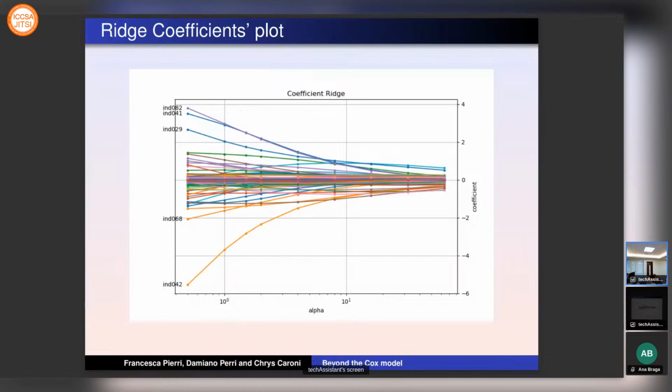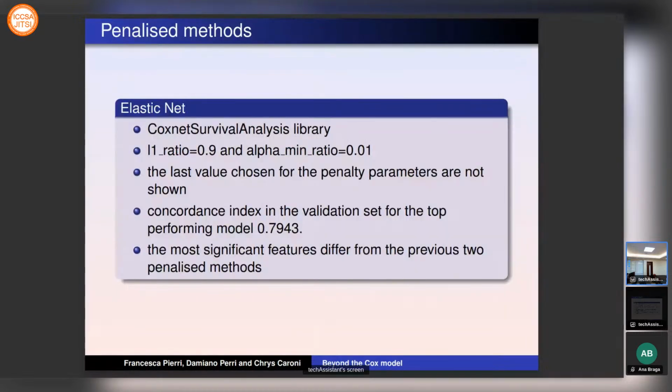And for elastic net, we use as initial values L1 ratio 0.9 and alpha min ratio 0.01. The final values chosen for the penalty parameters are not shown. And the concordance index in the validation set for the top performing model is 0.7943.